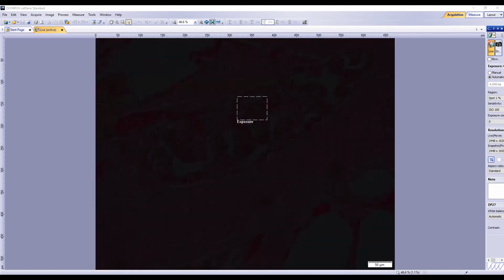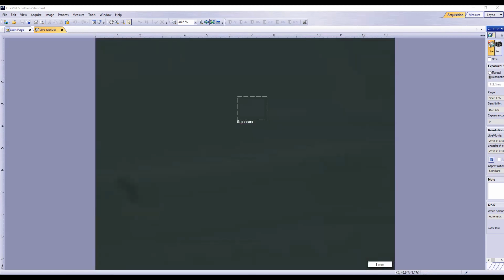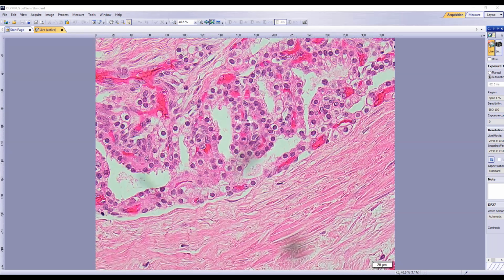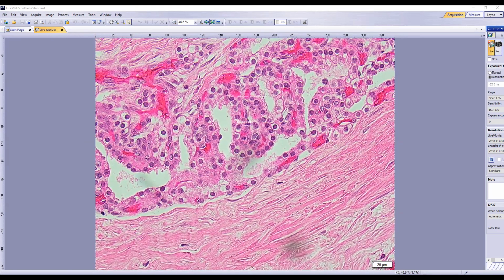Solid pseudopapillary, but this doesn't look like that either. Right. The epithelium is very bland, and it's not mucinous, like you rightly noted. So it's not a mucinous cyst.